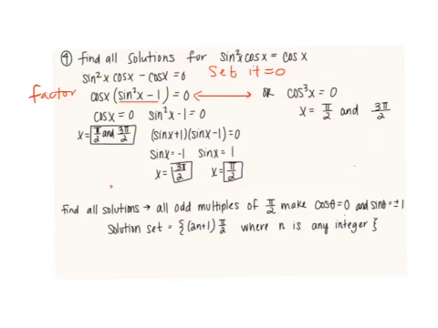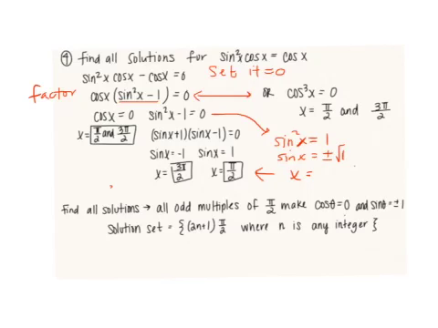Or you can also solve this one as sine squared x is equal to 1, so then sine of x is equal to plus or minus the square root of 1. Then you need to find what x is, and you're going to get two solutions just like we did here. So there are a multitude of ways that you can solve this, and all of them are correct.